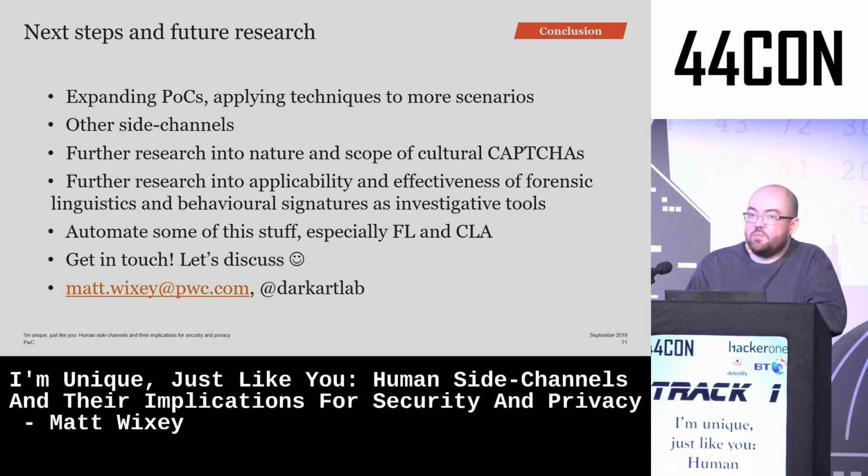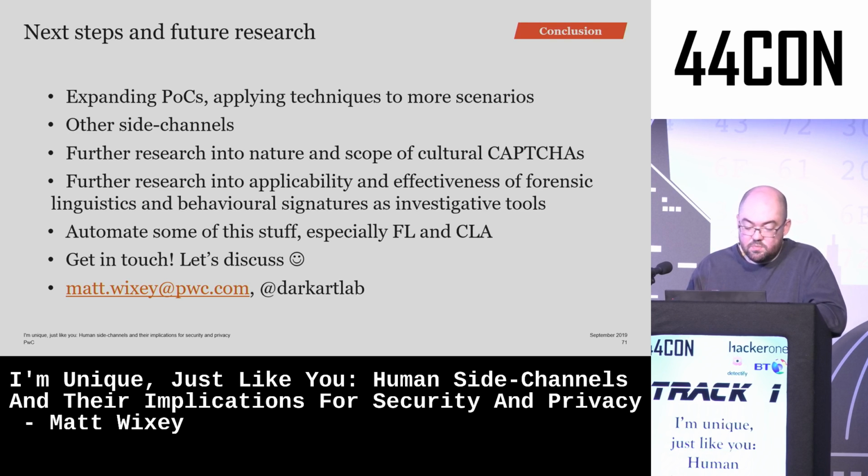So in terms of next steps and future research, I'm hoping to expand the proof of concept for case linkage analysis to take in some real world data. I also think there's a case for arguing that more people should be trying out forensic linguistics and applying that to different cases and scenarios. Looking into some other human side channels that could be used. A particularly interesting one is people's patterns of typing.